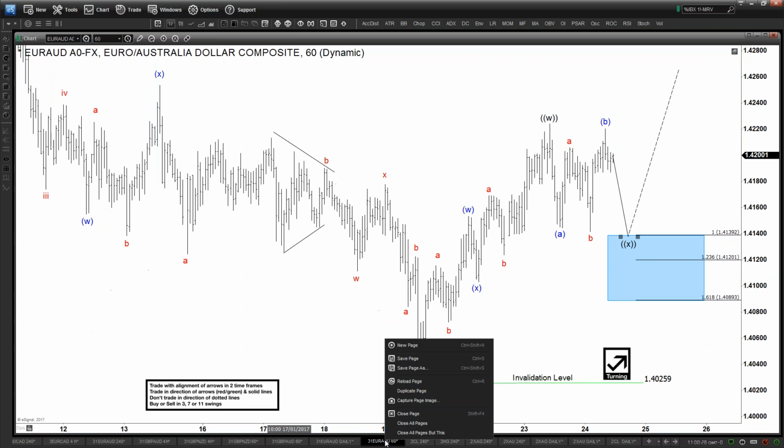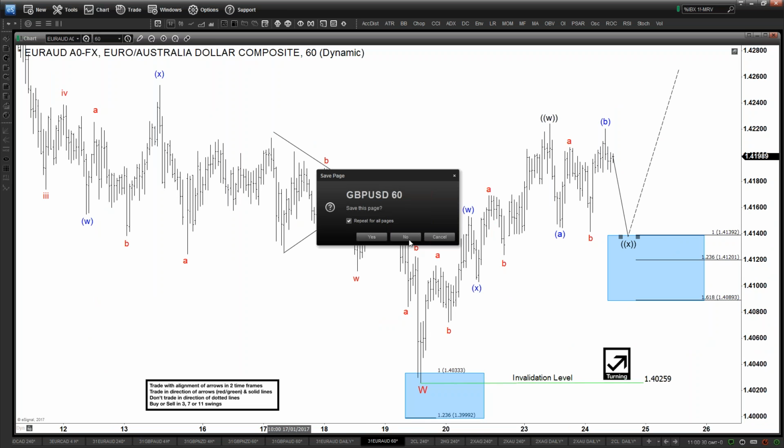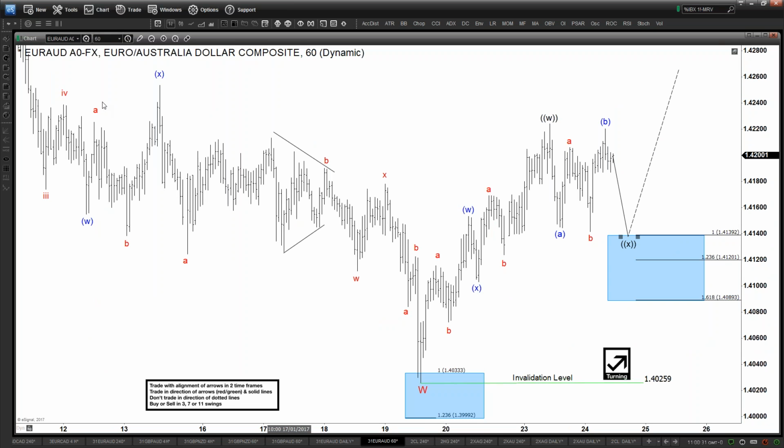Okay, so let me close these charts here so we can take a look at what's going on with the yen pairs and indices.